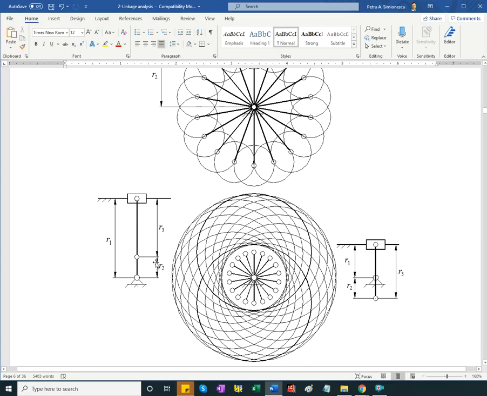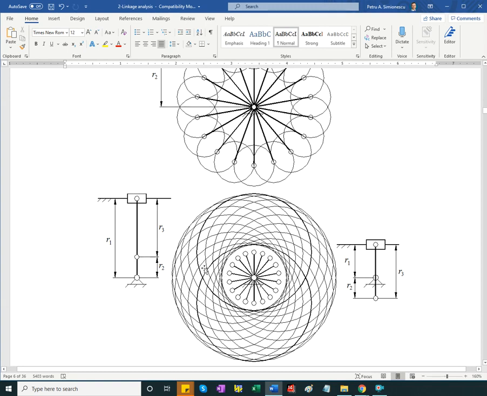If I have the crank, or I call crank R2, so if R2 is shorter than R3, I can repeat the figure. It's not showing R3 though, just the locus of the piston pin. So polar array of R2, and then I draw circles, the locus of this point. So for example, for this position we've shown here, I take the rail off and I can rotate and record the locus of the pin.